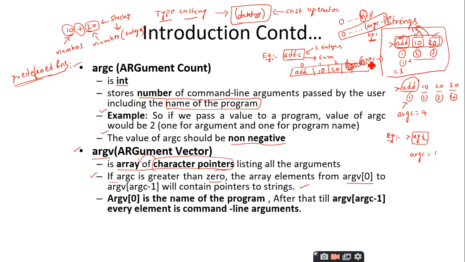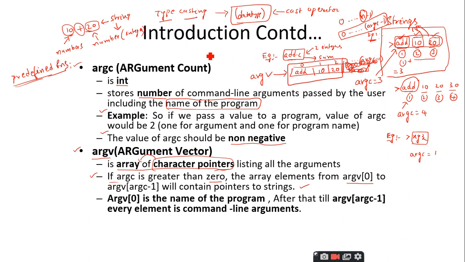And as I told, the last index is always argument count minus 1. So, in this particular example, the argument count will be 1, 2 and 3. Therefore, the highest index will be argument count minus 1, that is 2. See here, this entire thing we call the argument vector.